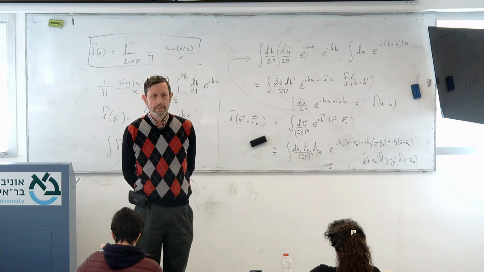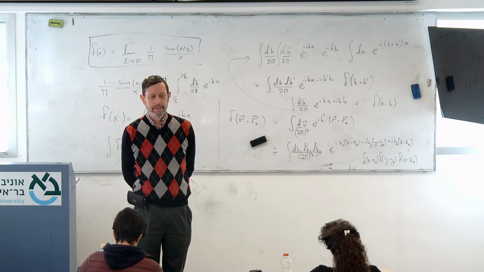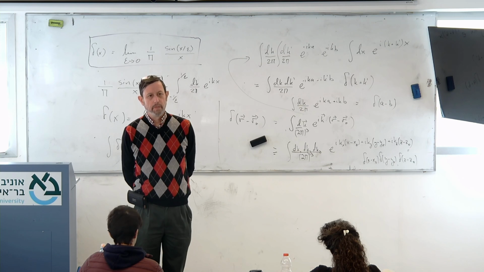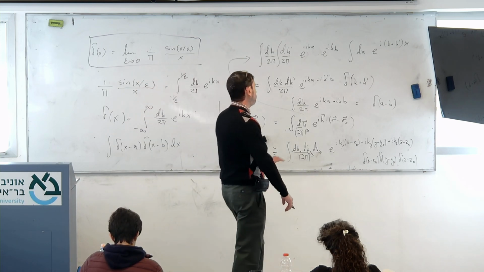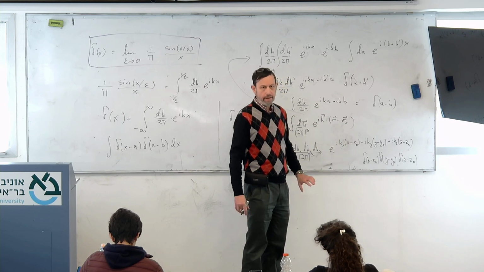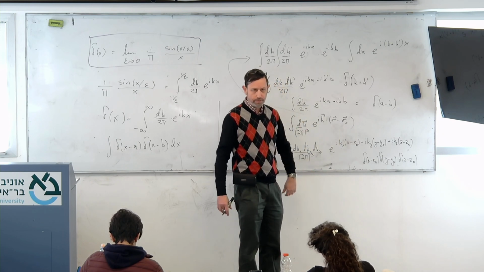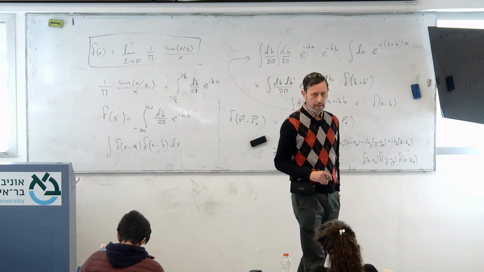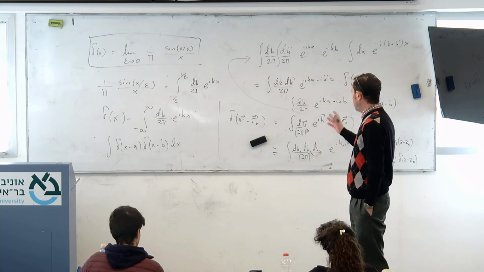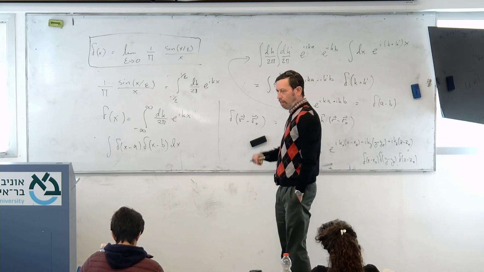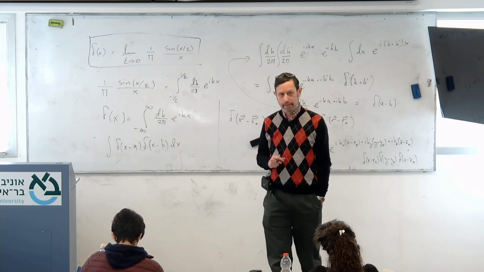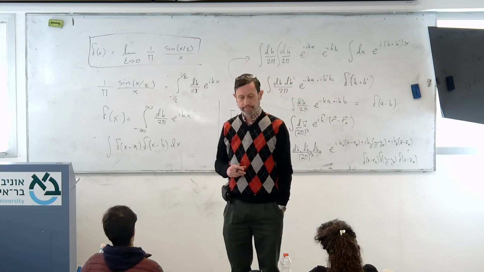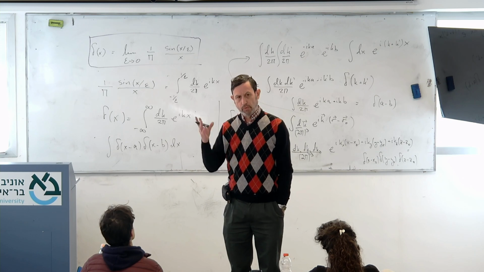Can you remind us how it works when you get a different coordinate system, like the polar coordinate system? If I had used here a different coordinate system, let's say you don't like this system, you like polar.